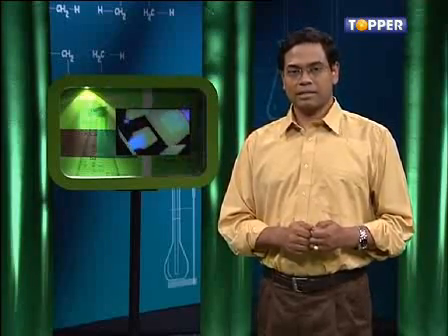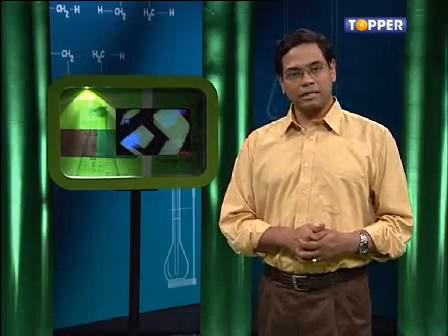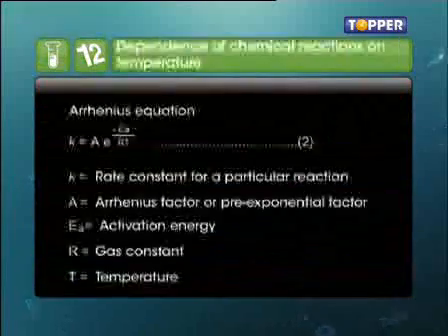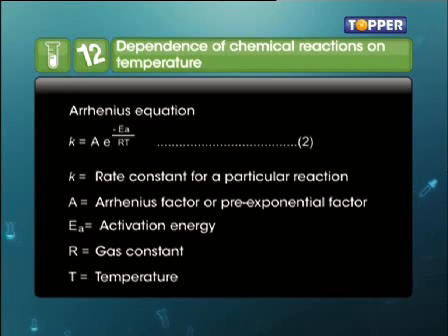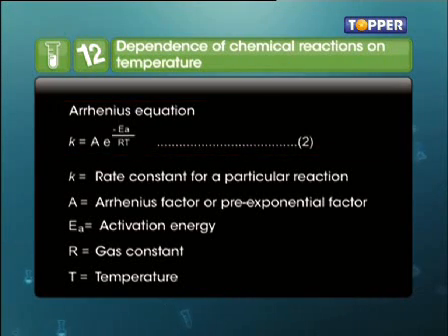Let's take a closer look at the dependence of the rate of chemical reactions on heat energy or temperature. This dependence can be accurately explained by Arrhenius' equation, which is given by equation 2. Although it was first proposed by Dutch chemist J. H. van 't Hoff, it was the Swedish chemist Arrhenius who provided its physical justification and interpretation.